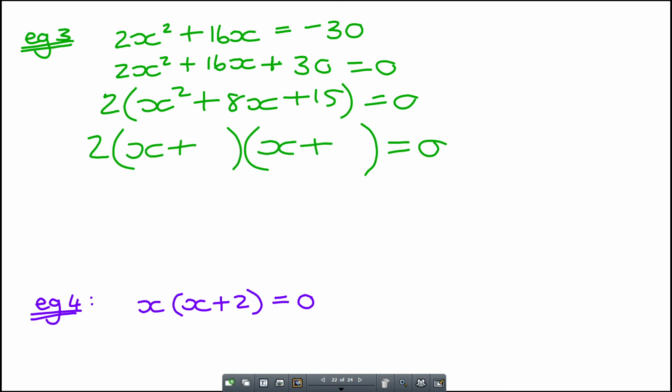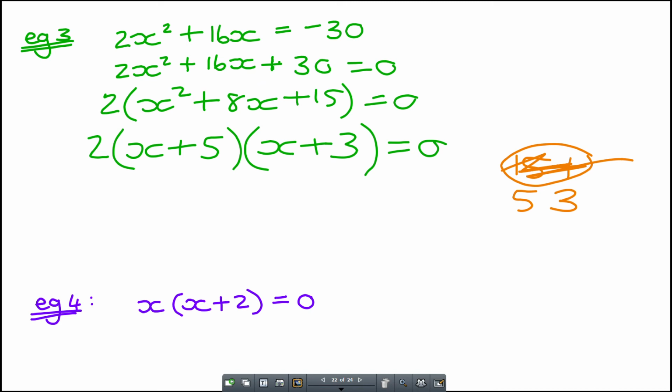Okay. Now I have to use factors of 15 to get 8. Do you remember? Okay. So what are the factors of 15? That will be 15 times 1, 5 times 3. That's it. Can I use 15 and 1 to get to 8? 5 and 3 I can use. No? So that will be x plus 5, x plus 3.